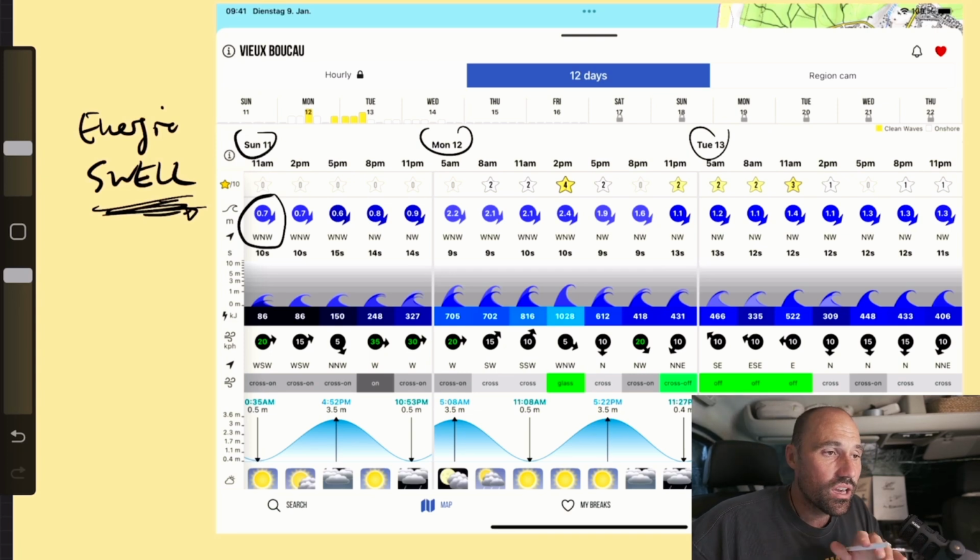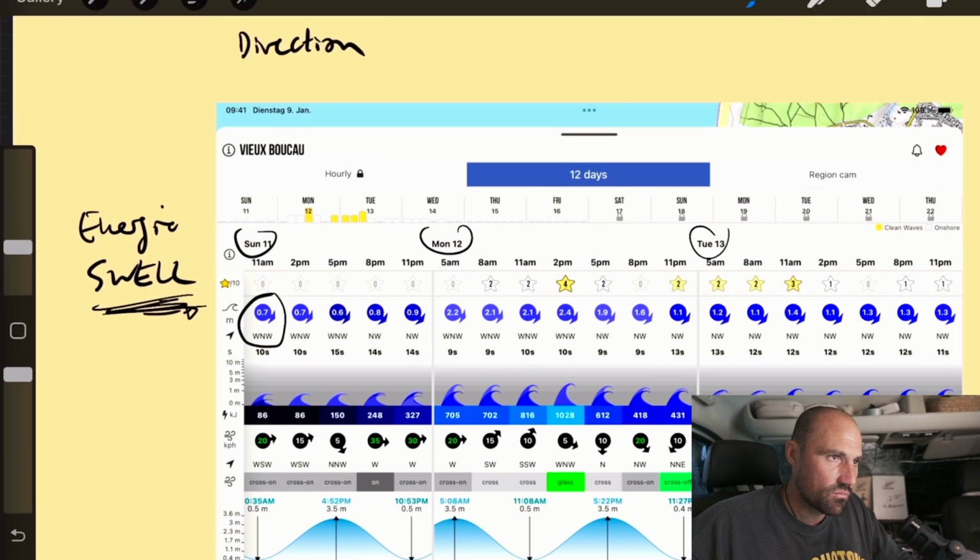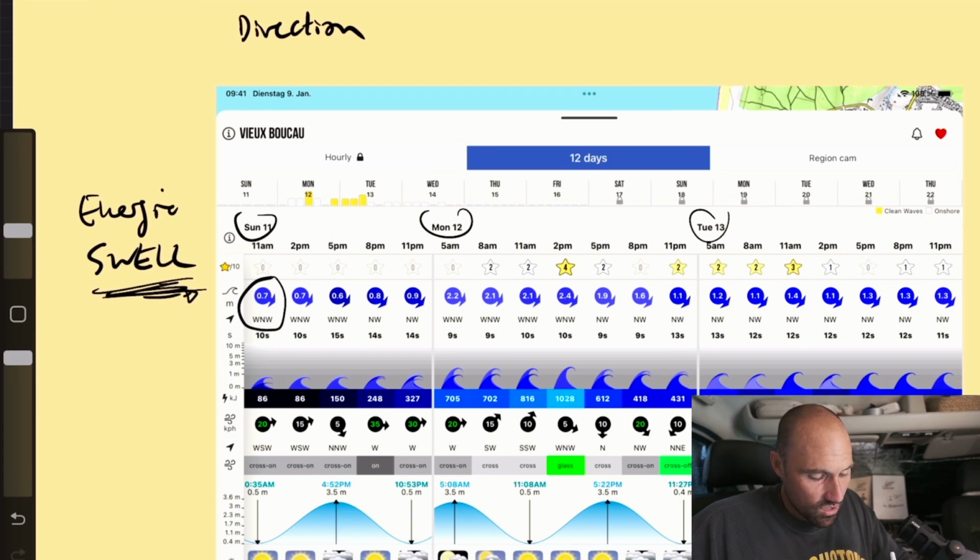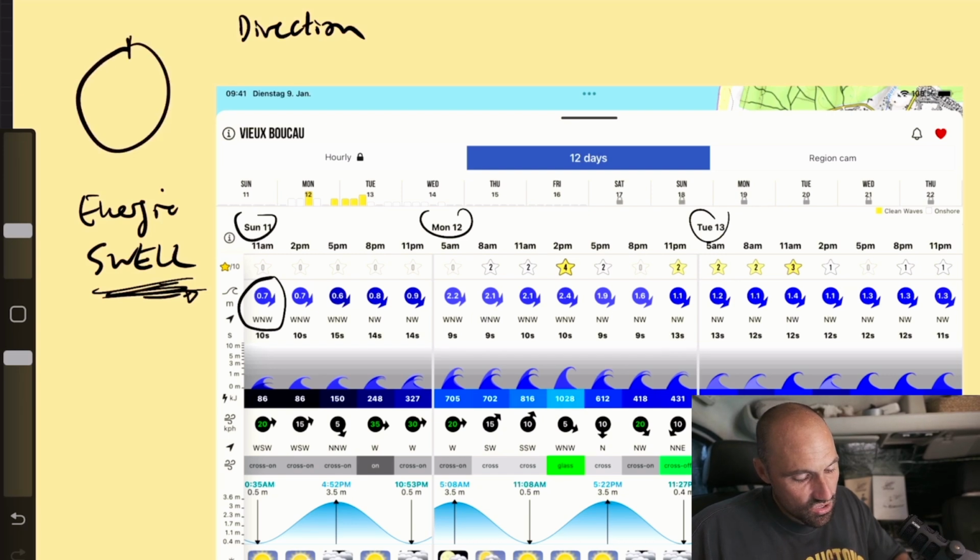When you look at the forecast, it's really important that you also look at the direction of the waves. So where is your surf coming from? When you look at the direction, you see west, north, west. If this is north, you have east, south, and west. The direction comes from west, northwest, so around here.